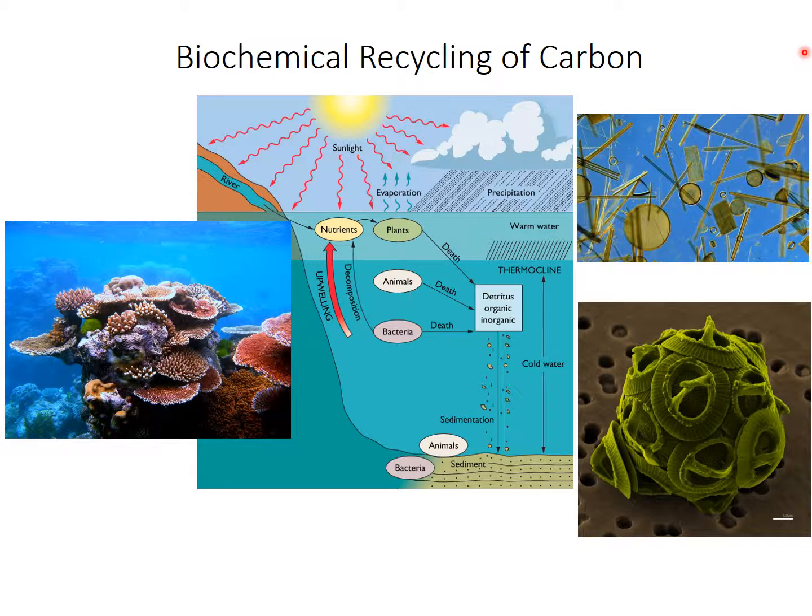That will produce plankton that have some organic matter in them, but also plankton that have calcium carbonate shells. So this is a coccolith here. You also might grow some coral reefs. So you're forming organic carbon, but you're also forming inorganic carbon, calcium carbonate, in the surface ocean.